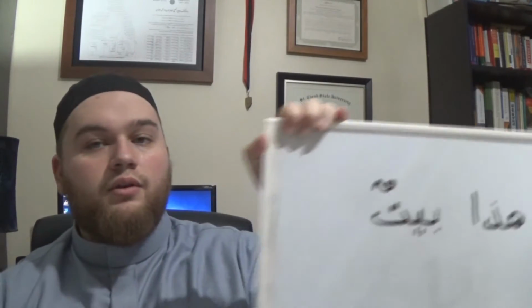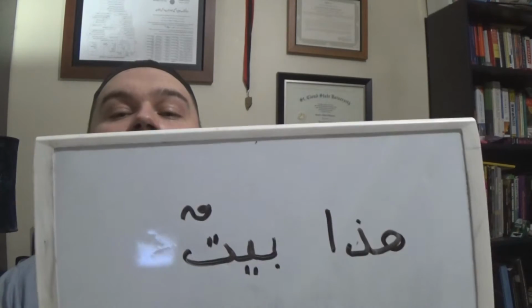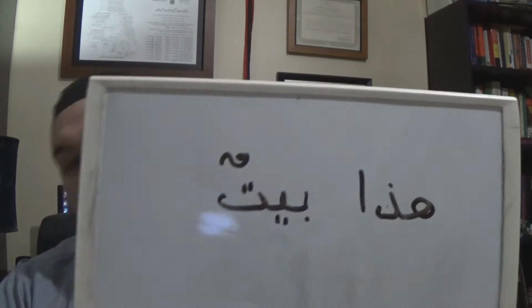That's how you write it handwritten, هذا, and with the suffix un on the word, meaning a or an. So we started, I believe, with هذا بيت.